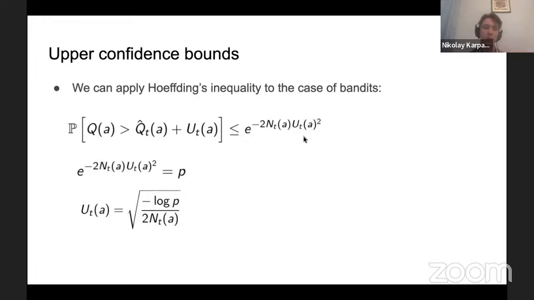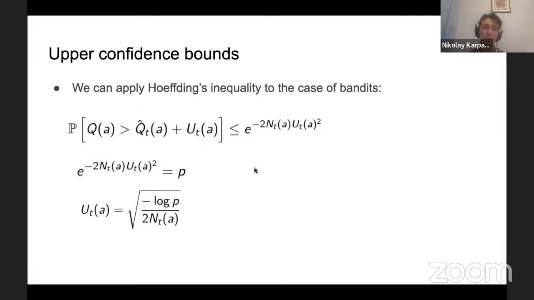So to deduce here the statistics for the upper confidence bound, we use the probability of the upper confidence bound as given, and we use the number of trials, which is the sample size here.